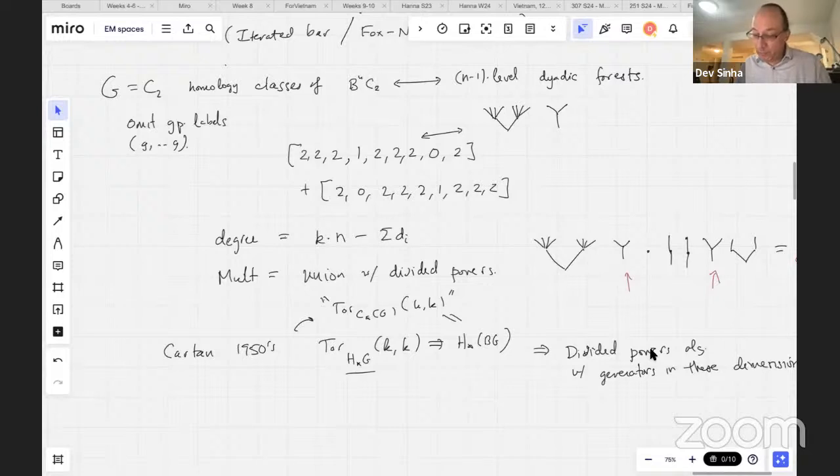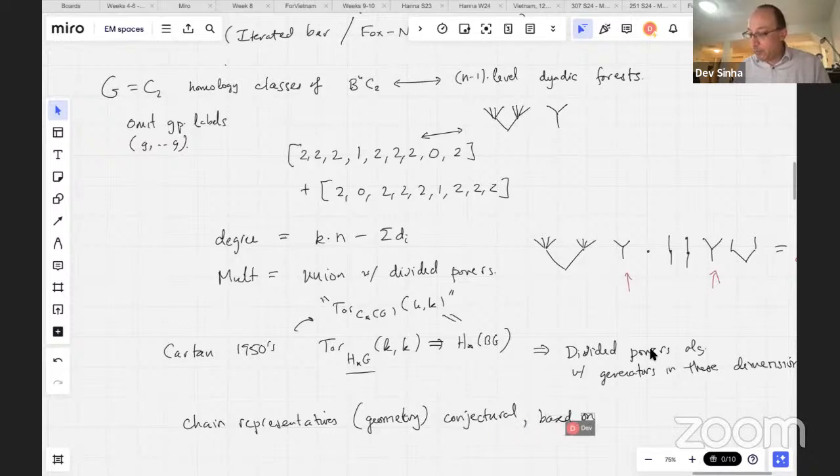The chain representatives are, let's say, conjectural. Again, that's what we kind of mean by geometry here, is conjectural, but based on similar results for cohomology of symmetric groups.